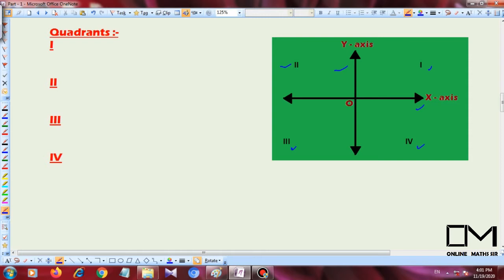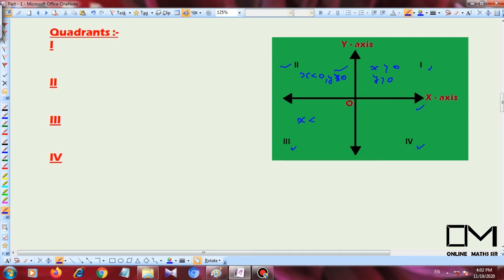Clear? In the first quadrant, abscissa and ordinate both are positive, meaning x greater than 0 and y greater than 0. In the second quadrant, abscissa is negative but y is greater than 0, meaning y is positive and x is negative.